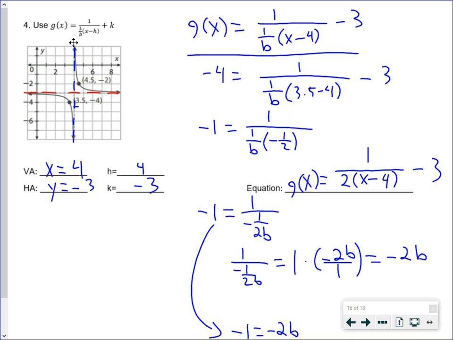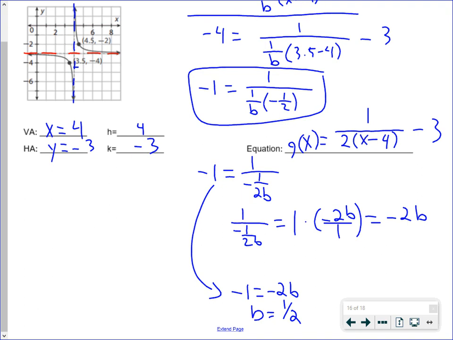When I plug those points in and solve for b, I end up at this point right here, where I have negative 1 equals 1 all over 1 over b times negative 1/2, which gives us negative 1 equals 1 all over negative 1 over 2 over b. Remember, 1 all over negative 1 over 2 over b will give us negative 2 over b.